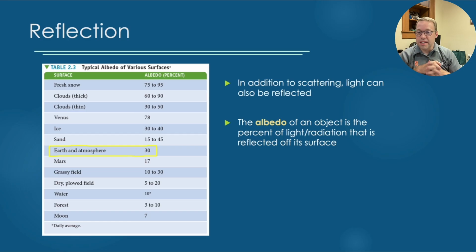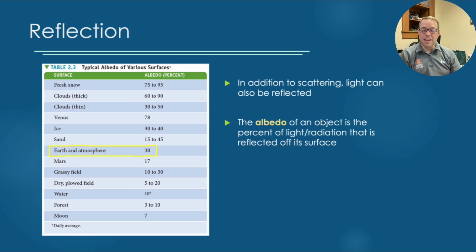Water itself only has an albedo of 10. Grassy fields, somewhere between 10 and 30. The moon, this is an interesting one. The moon only has an albedo of 7. Now I want you to picture you're out in the middle of the night and the moon is full and it is bright, blindingly bright almost.